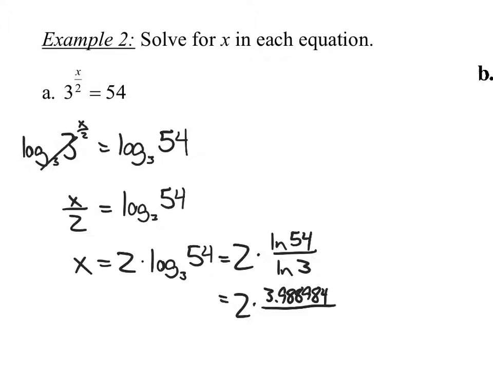If I do the natural log of 3, I get 1.09861228 and so on. I'll just do 1.099 to round. Again, this is just arithmetic here.